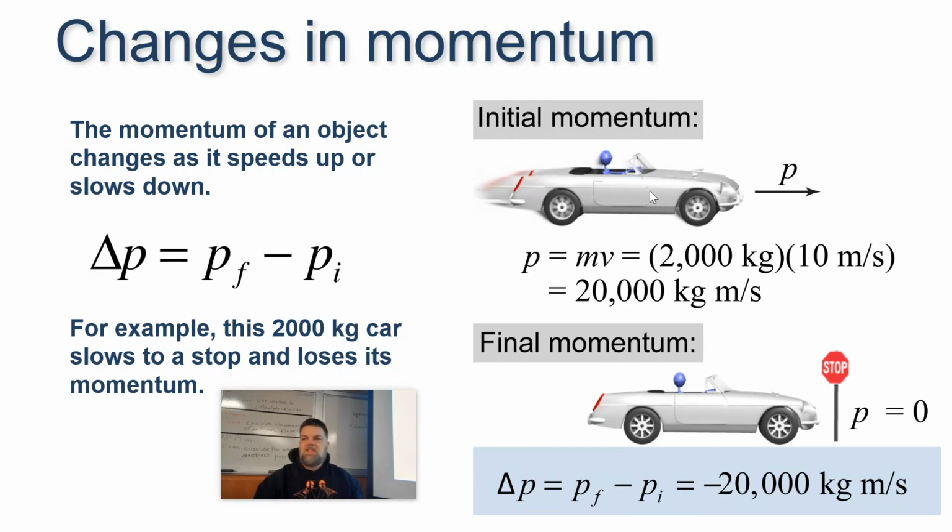Okay, does that make sense? My change in momentum is in the opposite direction of the car's motion. We're slowing down, we're not speeding up. That's a type of acceleration, and usually it opposes the motion, so that would be a negative acceleration if the car is moving in the positive direction. Okay.